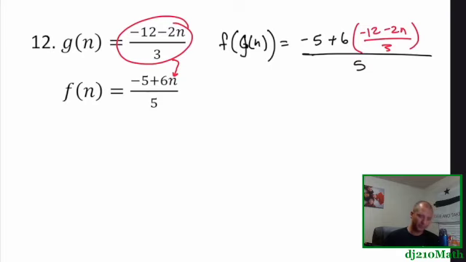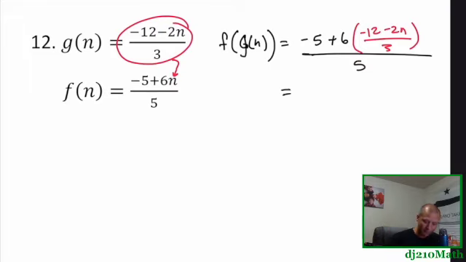All right, couple things I'm thinking. There's multiple ways of doing this, right? It's your level of comfort in algebra. What do you see first? Me personally, I see a big fraction. I have two terms on top, right? I have -5 is one term, plus the other term, 6 times something.